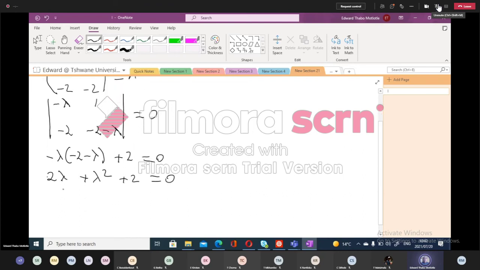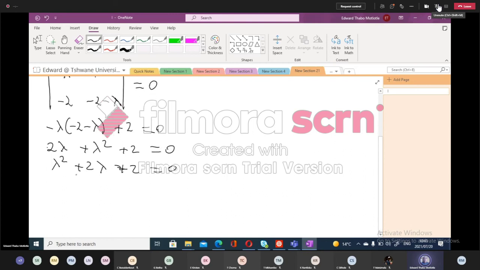Simplifies to that. So let's rearrange it. Lambda squared plus 2 lambda plus 2. The thing is, you cannot factorize this. If you cannot factorize this, you can use the quadratic equation. Lambda equals to minus 2 plus or minus the square root of 2 squared minus 4, and my a is what?